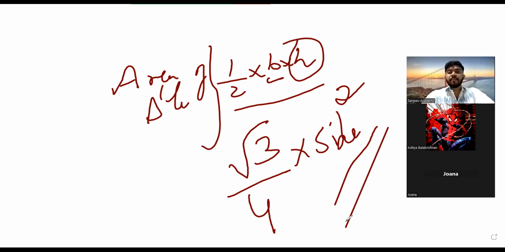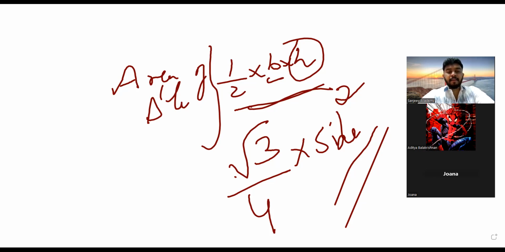Ultimately it will give the same answer, in this context, not in everything. In these particular problems we can use the direct formula, or else we have to use Pythagoras theorem and substitute that value in half base height. It's a tedious process, so we won't be doing that here.